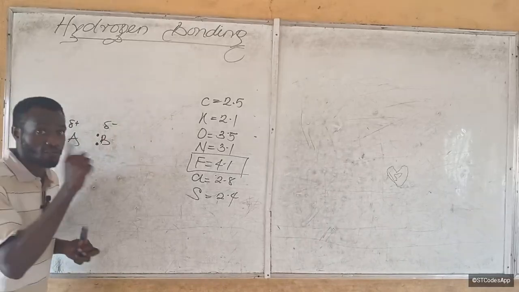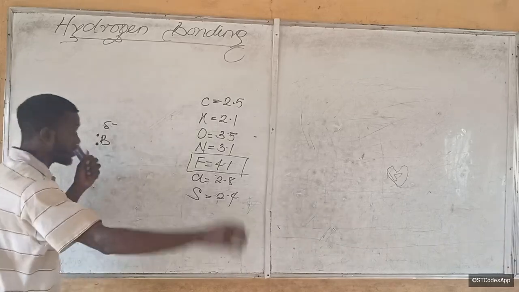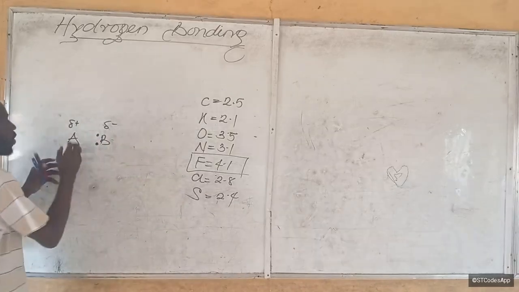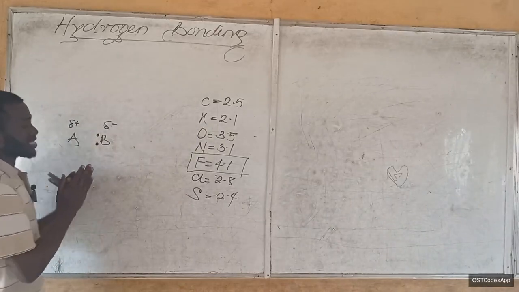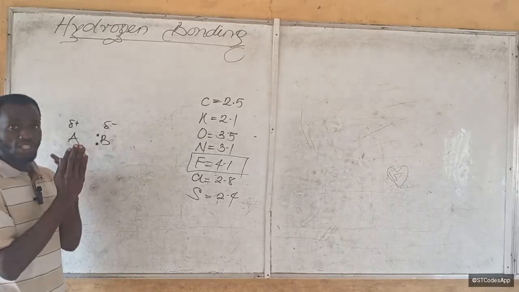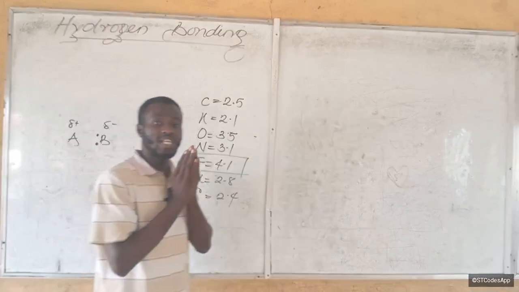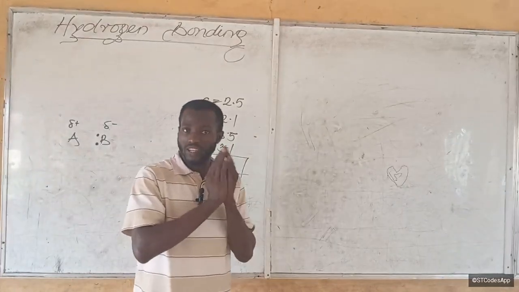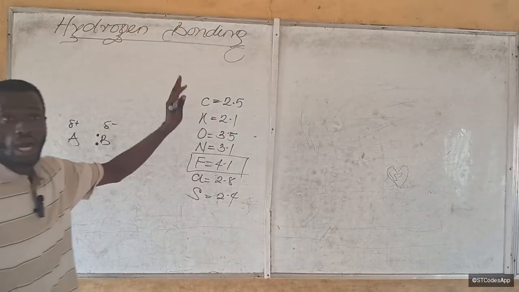We use formal charges only when there is an abstraction of the electron by one atom or the other. In this case, they are both engaging in a bond, but the bonding involves unequal sharing of the electron cloud between them. That is what causes polarization.